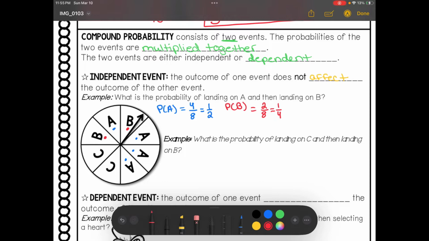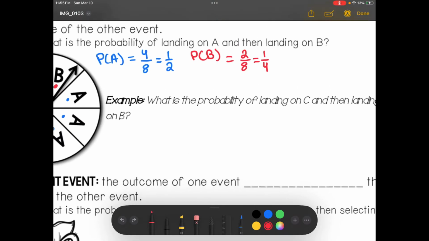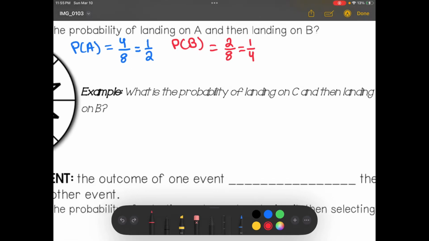Remember at the top when we discussed the definition of compound probability, we said the probabilities of the 2 events are multiplied together. So we have to take our 2 events, 1/2, and multiply it to 1/4. If you've forgotten how to multiply fractions, remember when you multiply fractions, you multiply straight across.